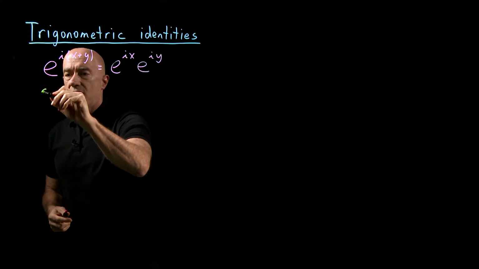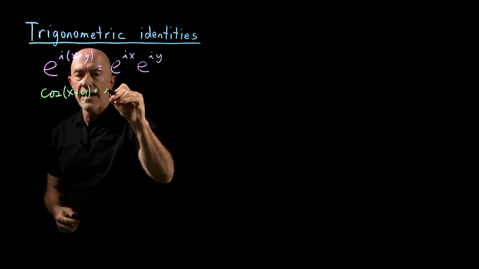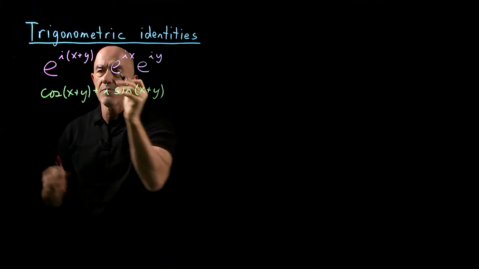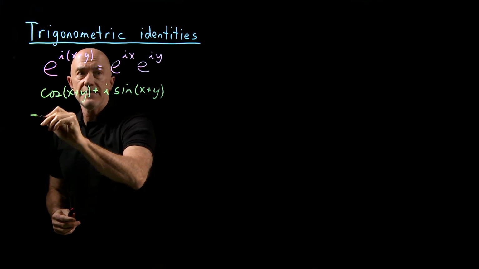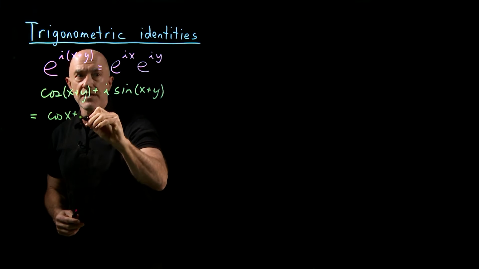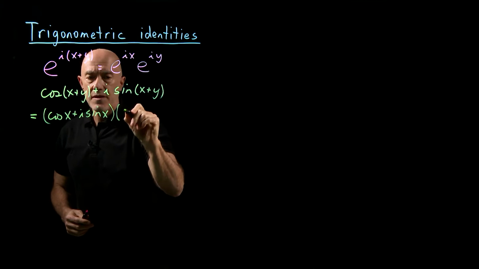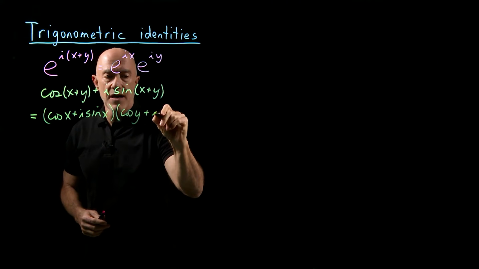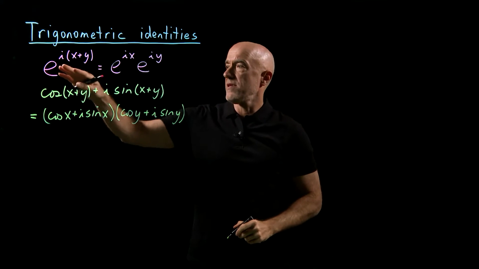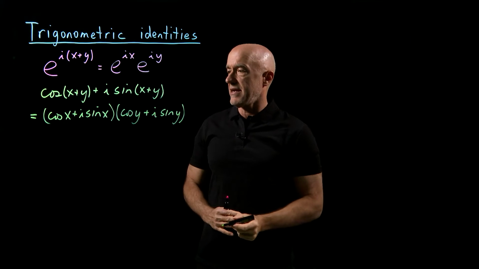So we have the cosine of (x+y) plus i times the sine of (x+y) from the left-hand side, and that's equal to the right-hand side, which is (cosine x plus i sine x) times (cosine y plus i sine y). So from the exponential identity now we get trigonometric identities.